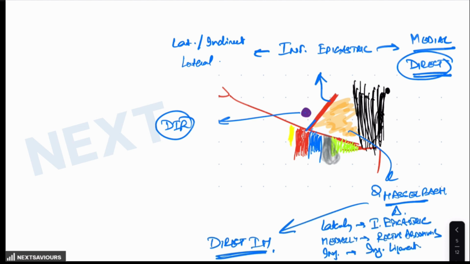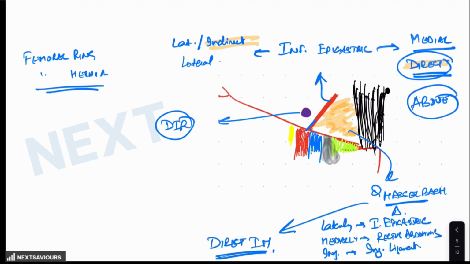Now we will also discuss a very important topic, that is the femoral ring or femoral hernia. Now, as you all might have noticed by now, all the hernias, both the direct hernias as well as the indirect hernia, occur above the level of the inguinal ligament.